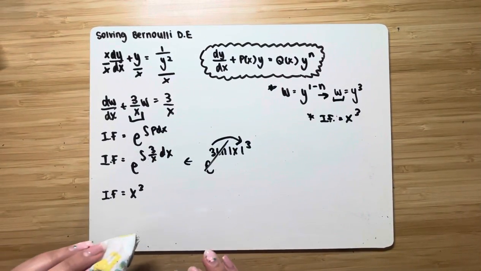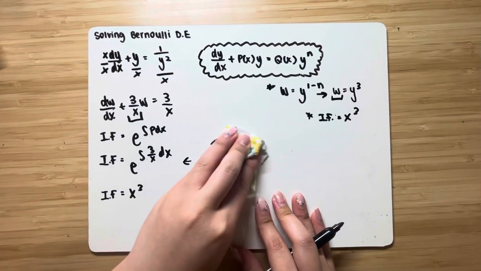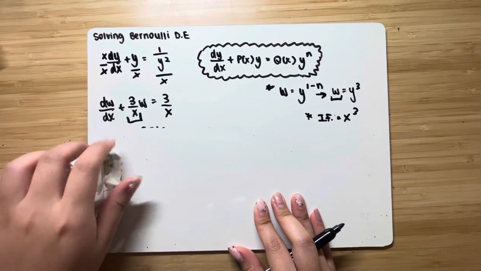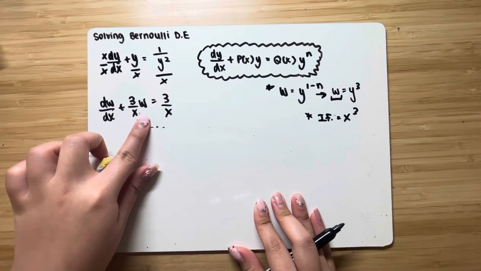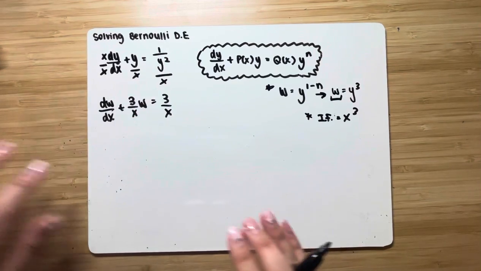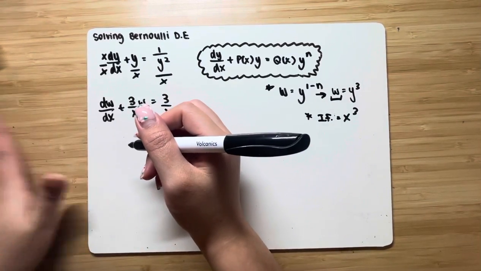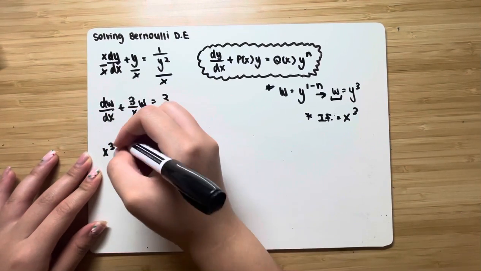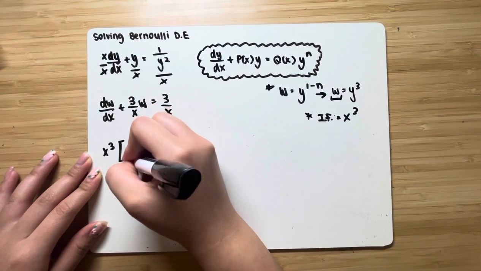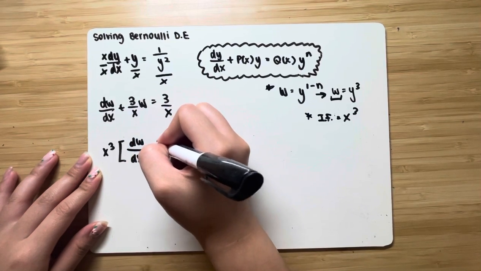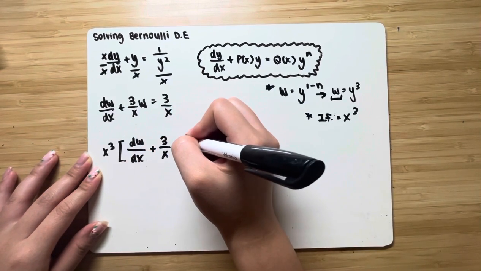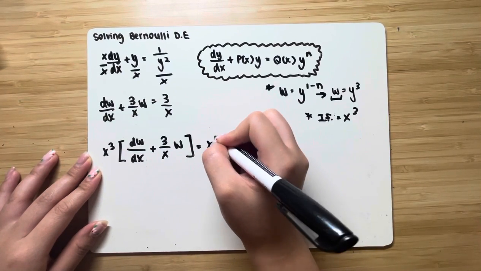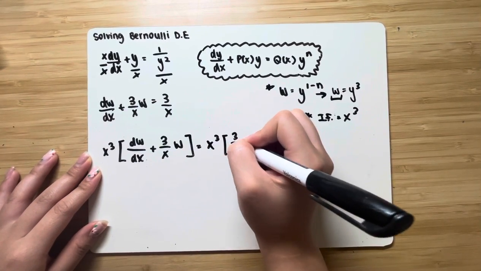So with this, you want to multiply the integrating factor to all of these terms. So you are going to have x cubed multiplied by dw over dx plus 3 over x w equal to x cubed times 3 over x.